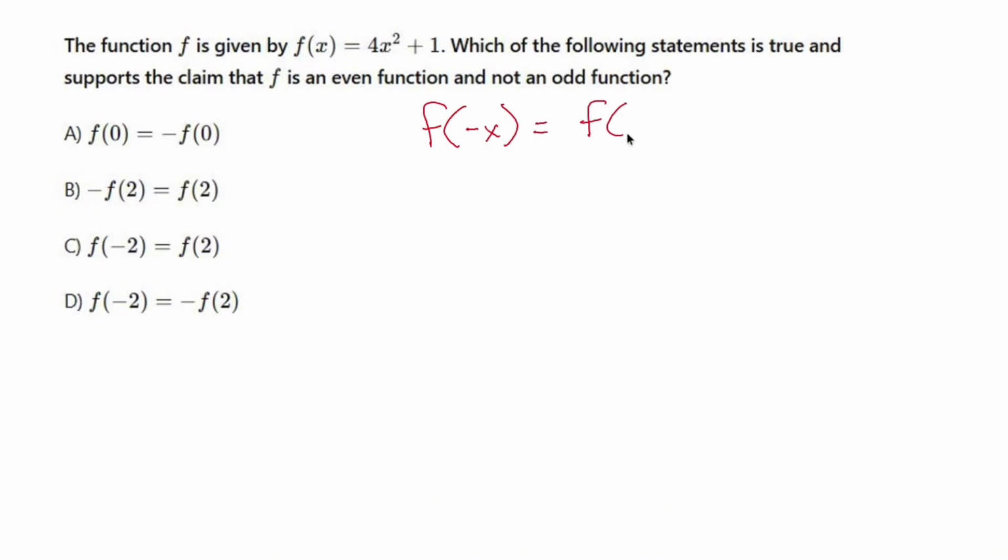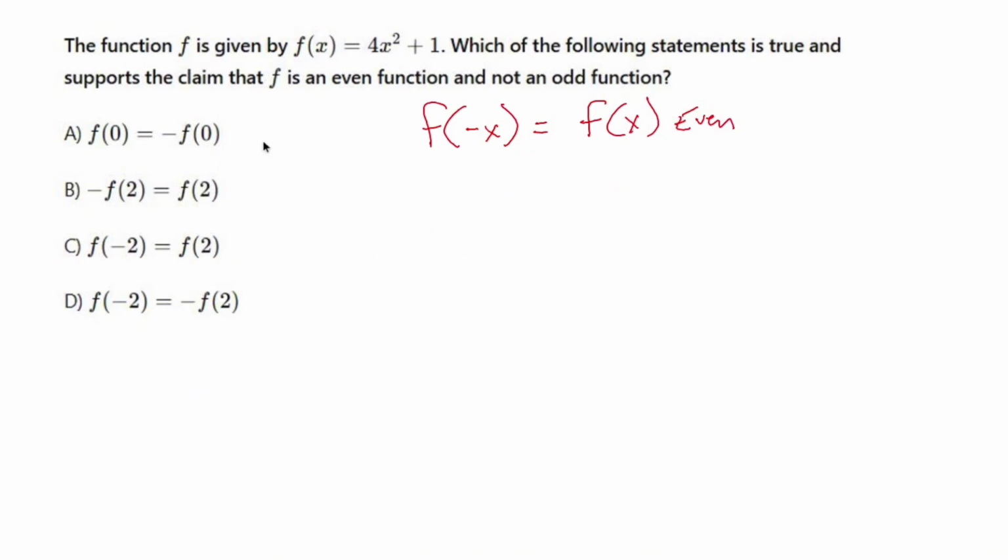And when you do that, you get the original function spat back at you. Okay, so this is the rule for an even function. Now, if you were given an odd function, it would look like this. And I'm going to erase it in a second, but if you were given an odd function, what this means is if you plug in negative x, you get literally the entire opposite thing. That's if it's odd, but that's not what we're doing here. So let me erase that and pretend that that never happened.